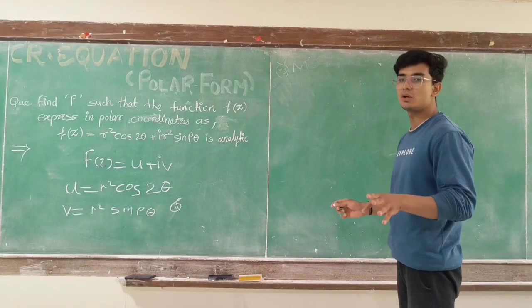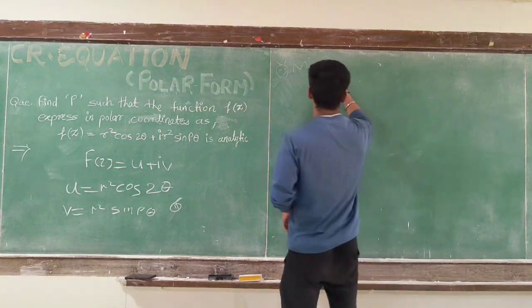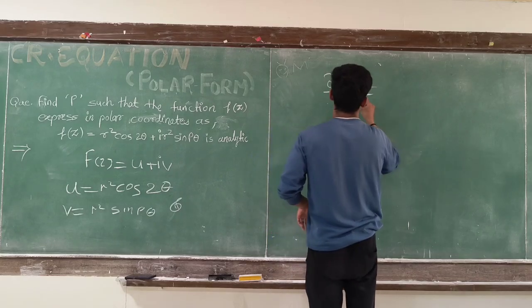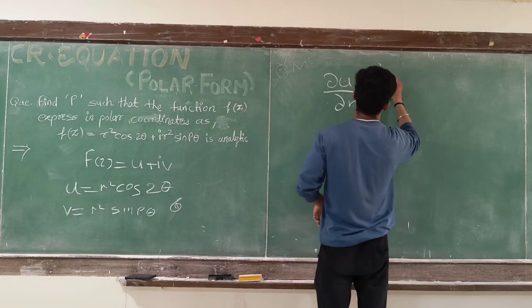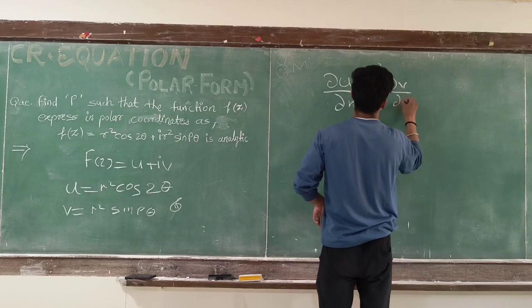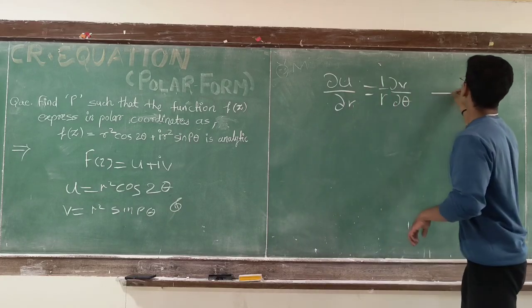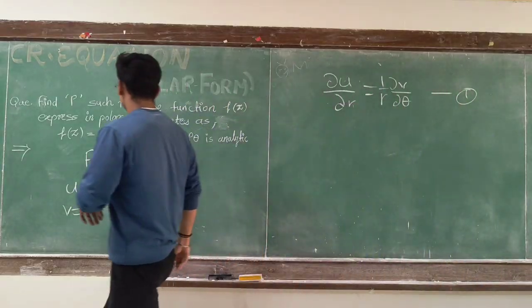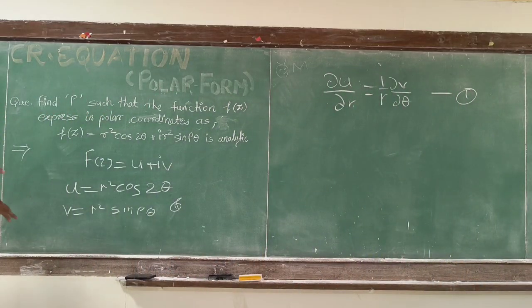The CR equation in polar coordinates is del u by del r equals 1 by r del v by del theta. So this is equation 1. Now we will differentiate u with respect to r and v with respect to theta.